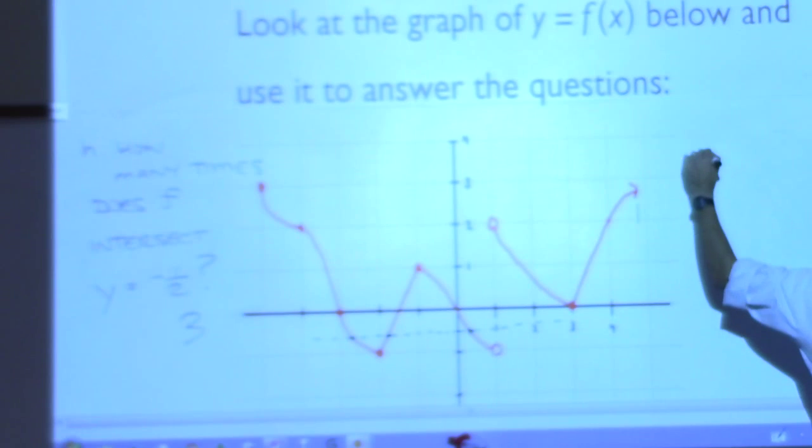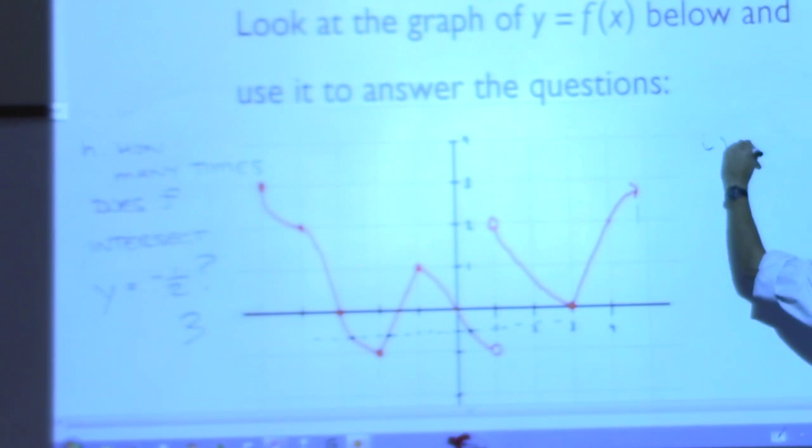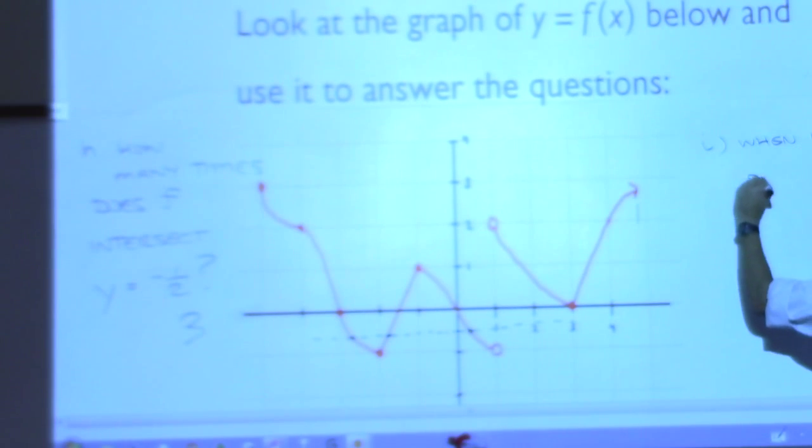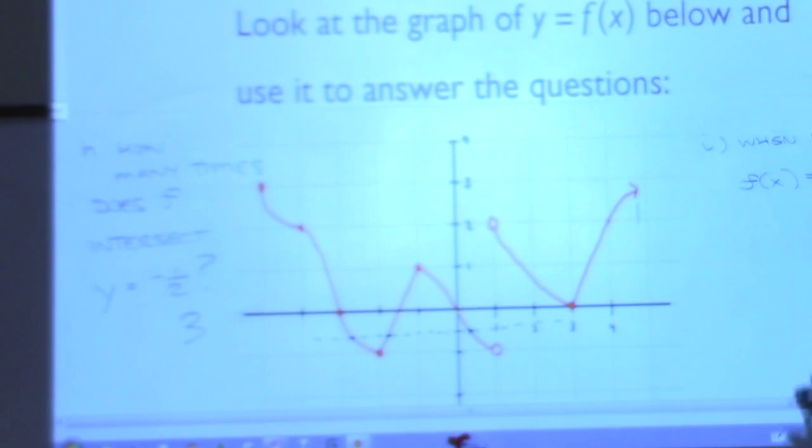Last one. When is f of x equal to 2? This is the same question, isn't it? It's saying when, it's not asking how many times, but it's asking when does this happen?